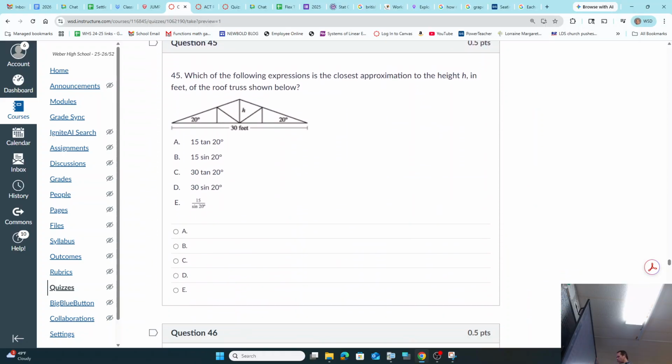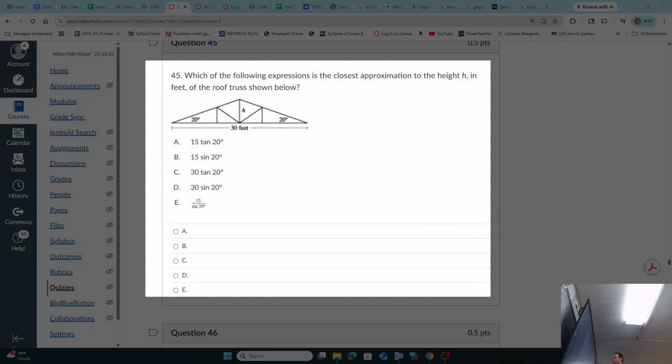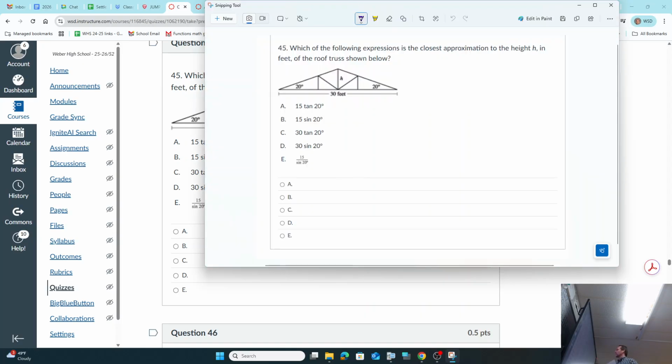Okay, so this is the right triangle, you guys. What up, right triangle? Okay, so that means this is going to be the opposite side of our angle, and this is the adjacent side of our angle. And if this is 30 feet, cut it in half, this is 15 feet.